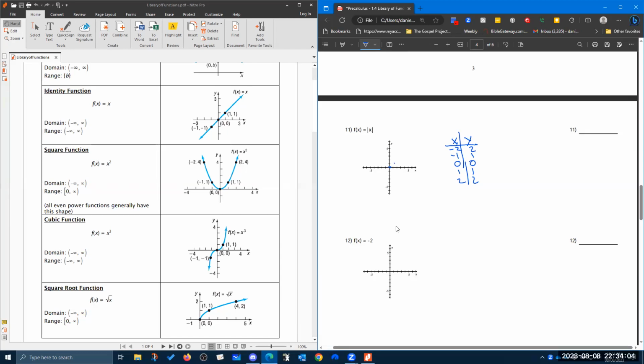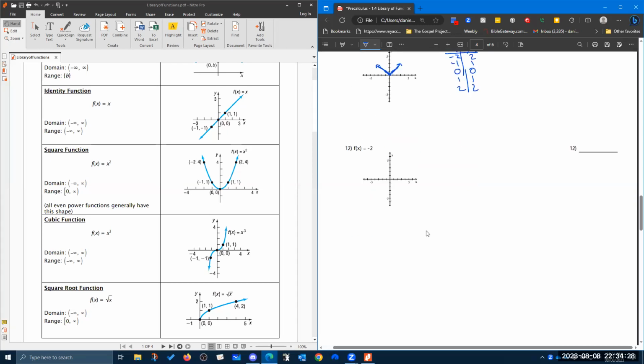There's 2, 2. Negative 1, 1. Negative 2, 2. So there's that line with a slope of negative 1 going off to the left, and that line with a slope of positive 1 going off to the right, and it makes that sharp V.